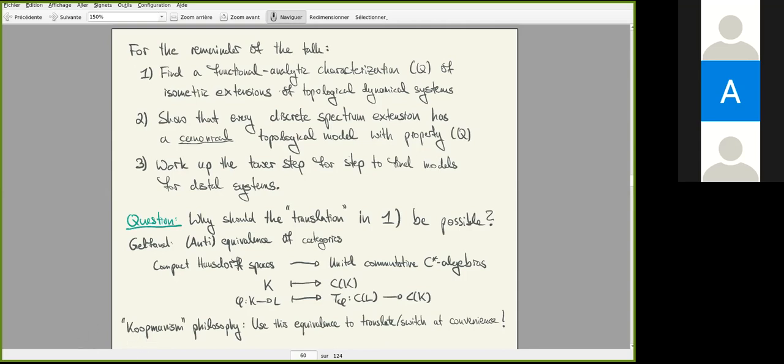So the philosophy is to use this equivalence of categories to switch between the two categories at your convenience. Sometimes this works better, and sometimes this works not at all. One has to check in which cases it makes sense to do it and in which cases it does not. And as we will see, in this case, it makes a lot of sense.